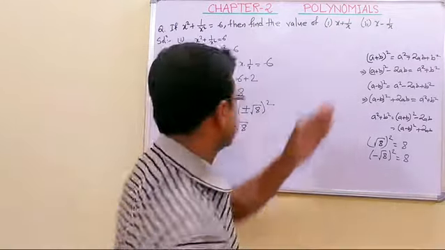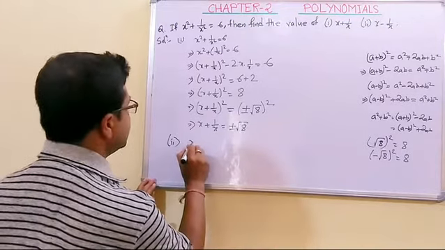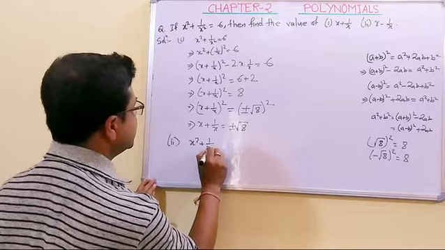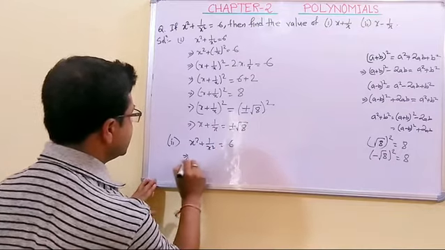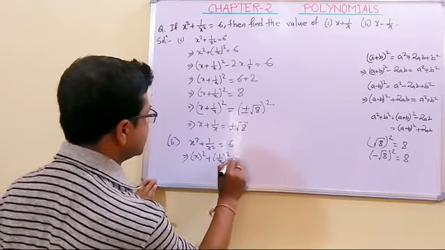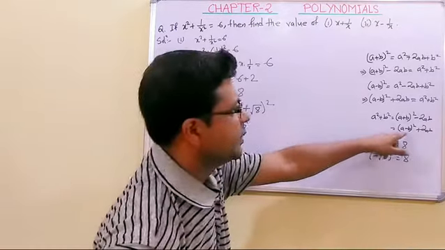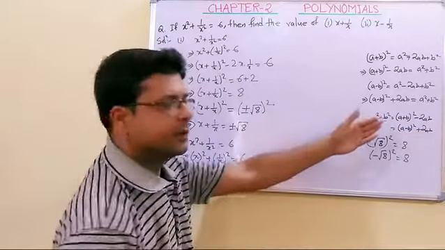Now let us do the second part. We have x square plus 1 by x square equal to 6. A square plus b square, we have expressed in this way, equal to 6. We shall use this formula, a minus b whole square plus twice ab, for a square plus b square.